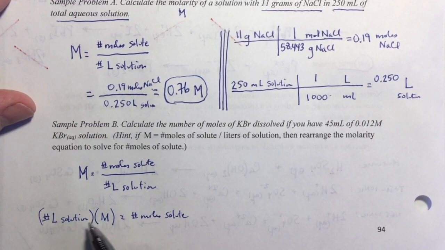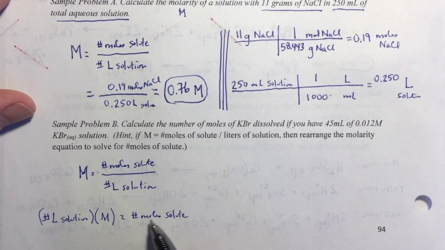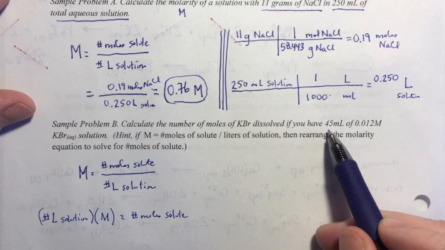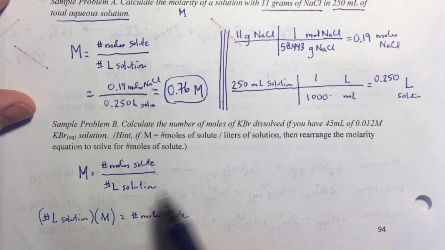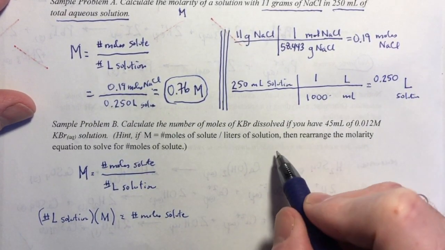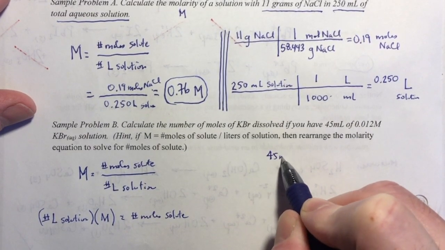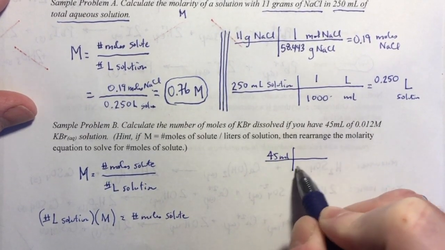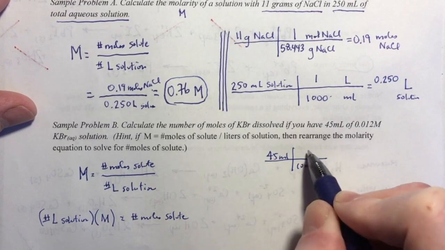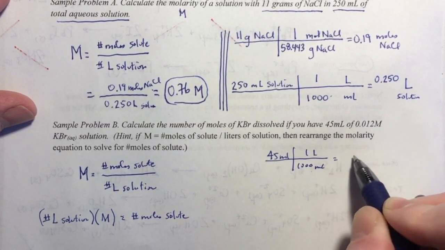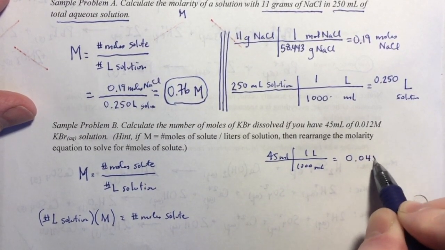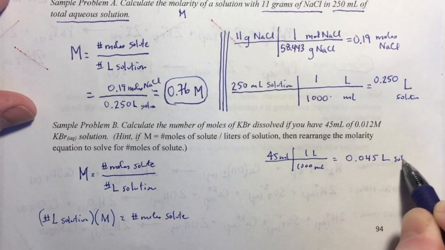So now I have my equation set up to solve for the thing that I'm looking for, and now all I have to do is plug in values. Well, I don't have liters of solution. They've given me 45 milliliters, so let's do that conversion. 45 milliliters, 1,000 milliliters per 1 liter equals 0.045 liters solution.